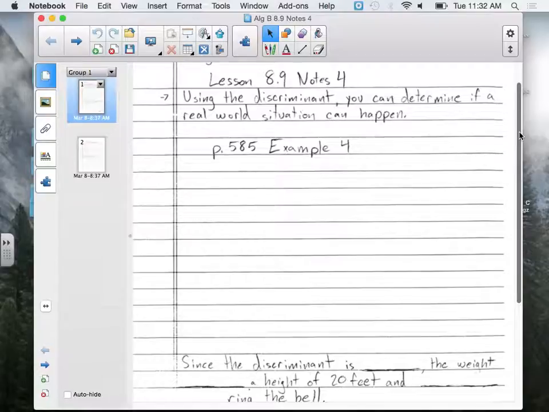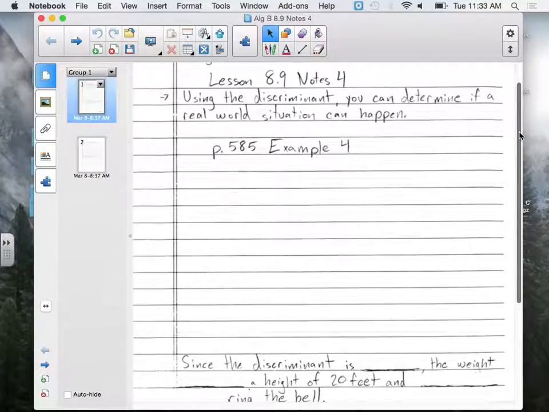If you turn to page 585 in your book and see Example 4, someone tell me what that question is telling us to do. Just read the whole thing, where it says physics application, right below that.